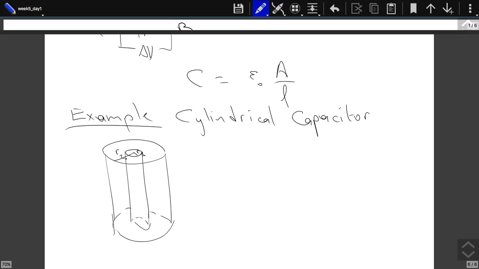What is the capacitance of this system? Now again, we will assume that although it has a finite length, let's call it L, the electric field this creates will be almost identical to the electric field created by an infinite capacitor.